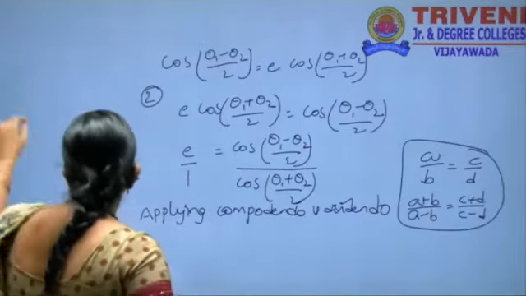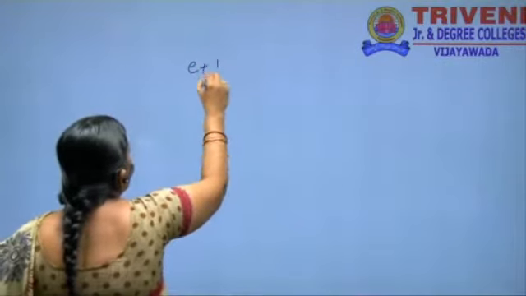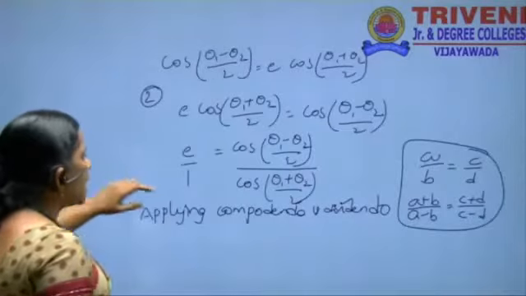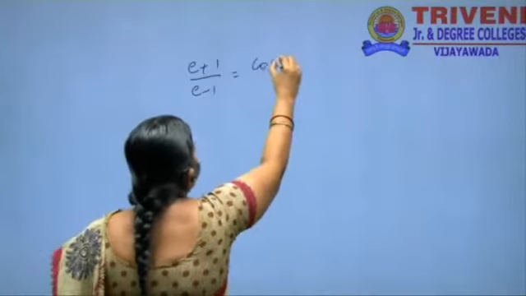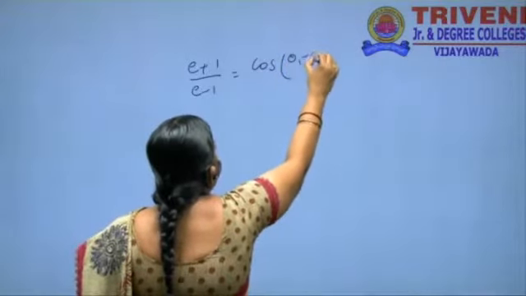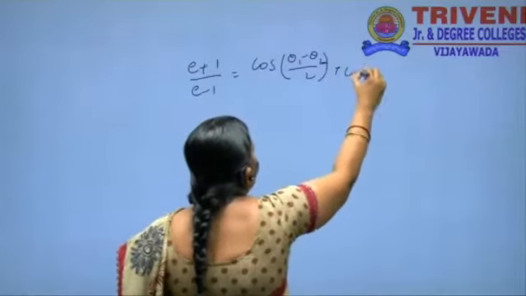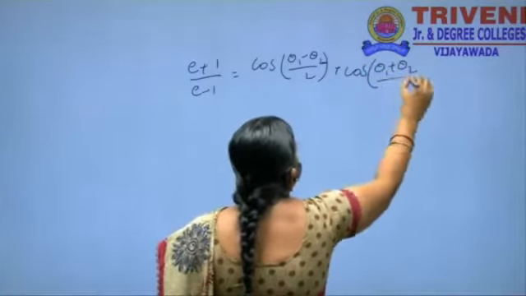Okay, and then E plus 1 by E minus 1 is equal to cos of theta 1 minus theta 2 by 2 plus cos of theta 1 plus theta 2 by 2.